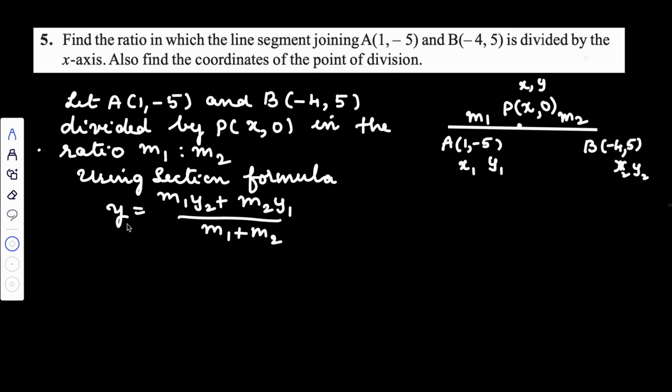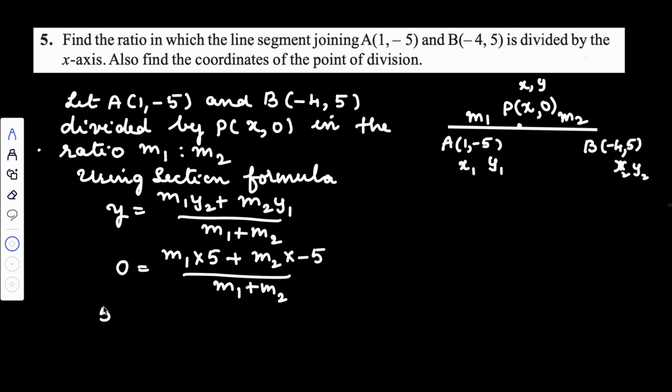Now we'll substitute the values. The y value we know is 0, equal to m1, which we require to find out, into y2, given as 5, plus m2 into y1, given as -5, divided by m1 plus m2. Now we'll do cross multiplication.